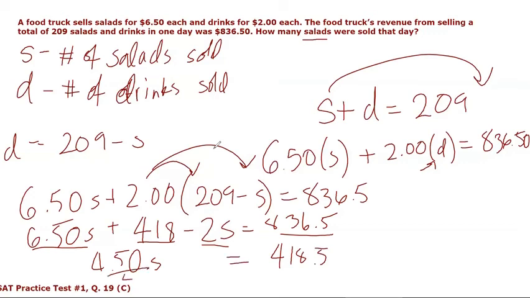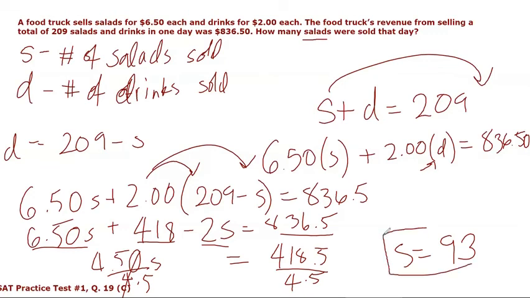And now if we divide by 4.5, we get S is equal to 93. So in total, on this particular day, there were 93 salads sold.